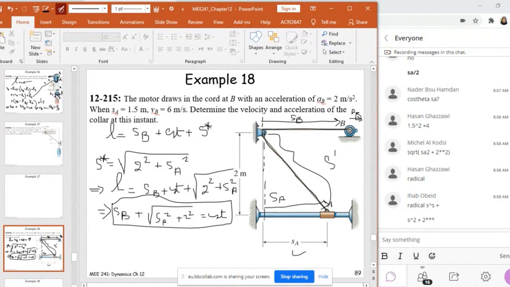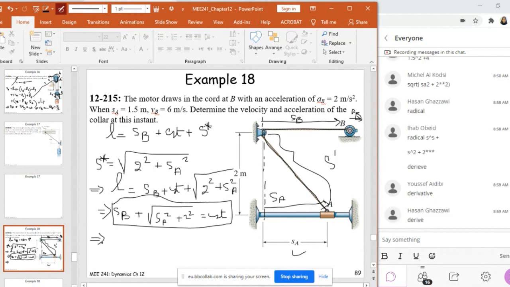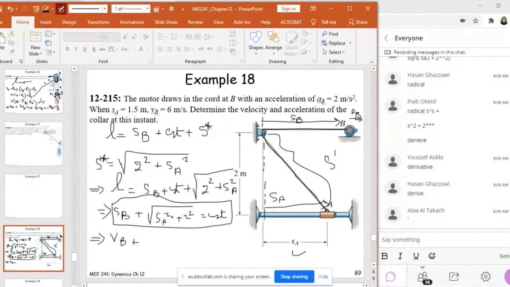Now, how to find the velocity? What do you think? What should I do? It is to do the derivative, yes. So what's the derivative of SB? It is VB. Now what's the derivative of radical SA squared plus 2 squared?